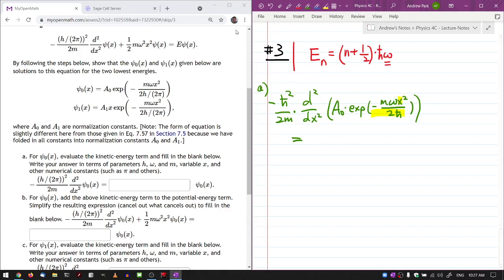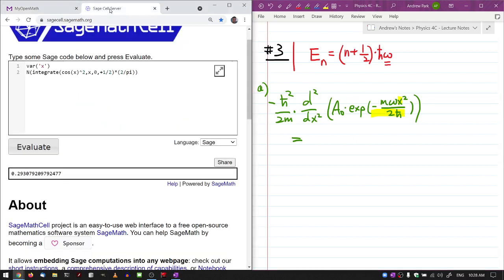So what I'm going to use is a computer algebra system for the part that's going to be a hassle. This is a hybrid approach of doing a lot of things by hand, but not everything by hand. I think I can combine all these coefficients in front and just call it alpha. So I'll declare the variables x and alpha.